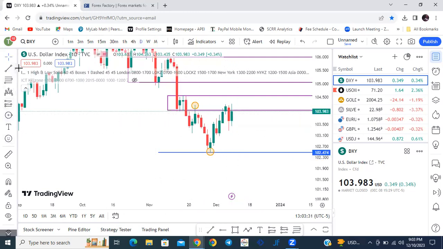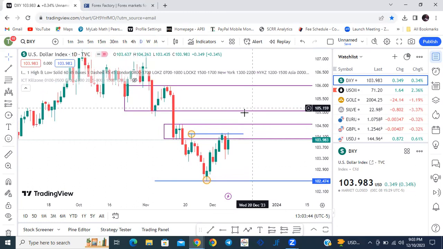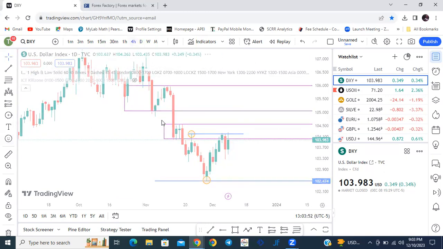So until we have a break of structure or change of character, the price needs to break above this region for us to have a change of character, so that now we can focus on bullishness and not bearishness. So that's what we have on the daily.